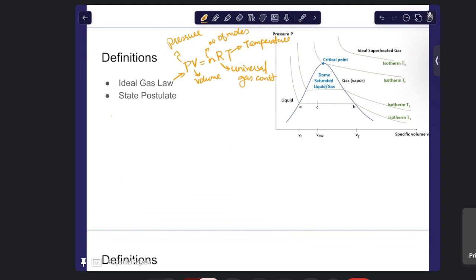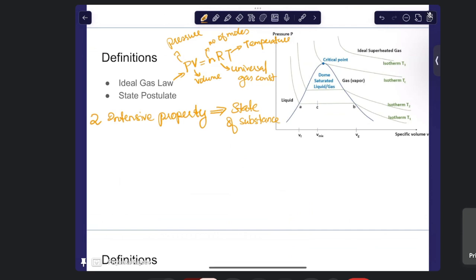Intensive properties, as you know, are independent of mass or size. Okay, so two intensive properties give the state of a substance. That is the state postulate.